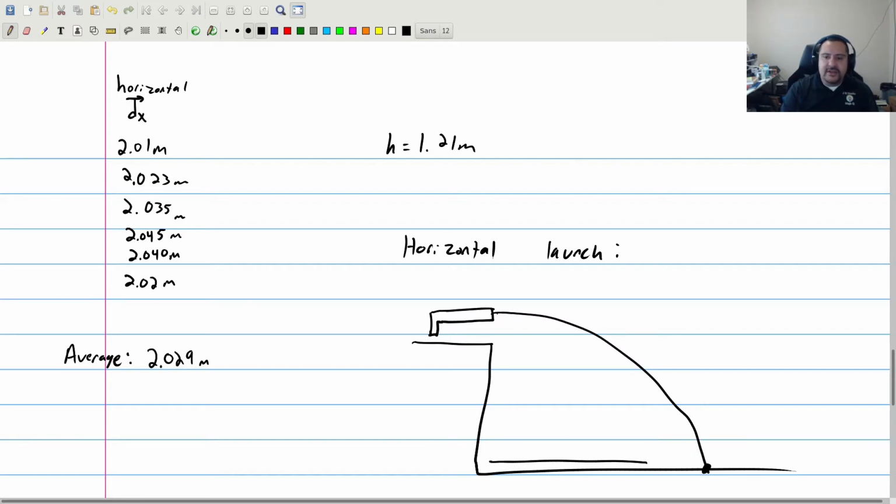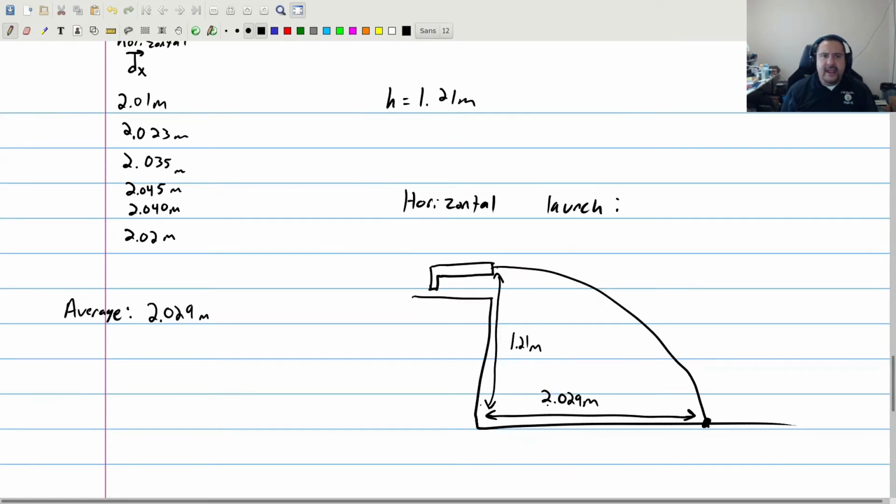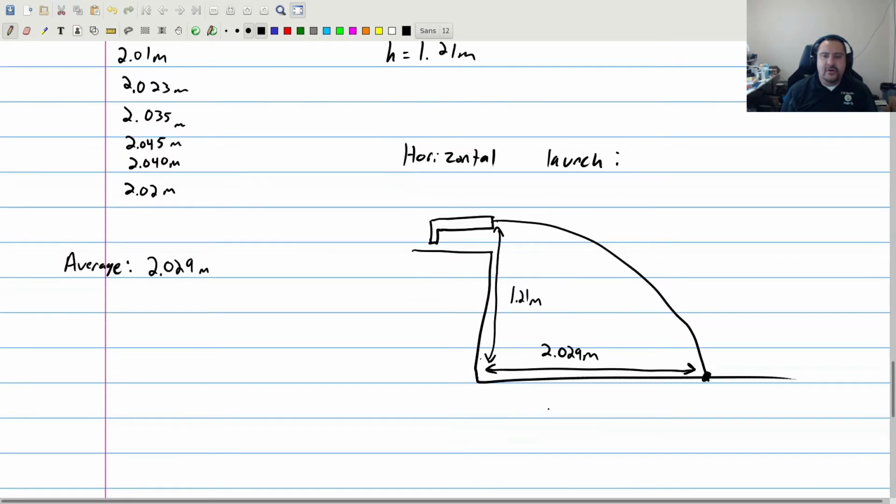And we know this distance, on average, is 2.029 meters. We know this distance is 1.21 meters. And, oh, well, we know the angle here. Angle is 0 degrees right now.